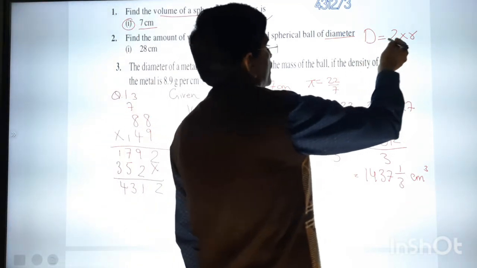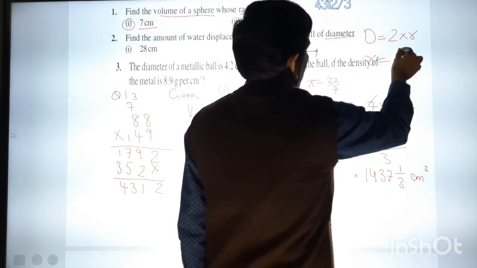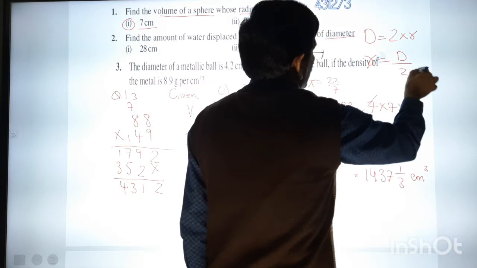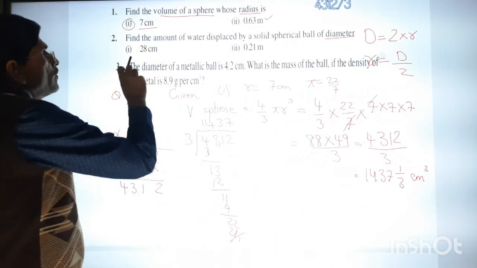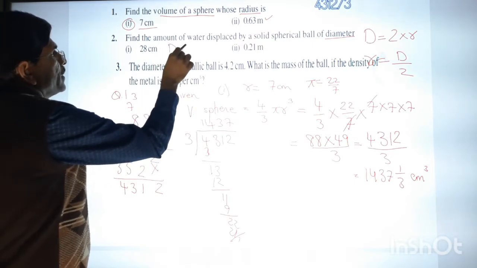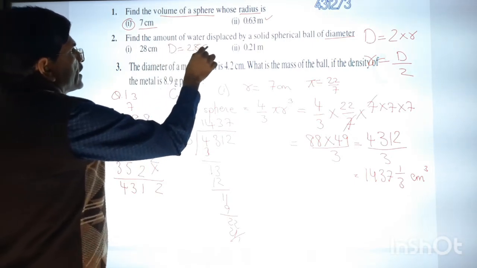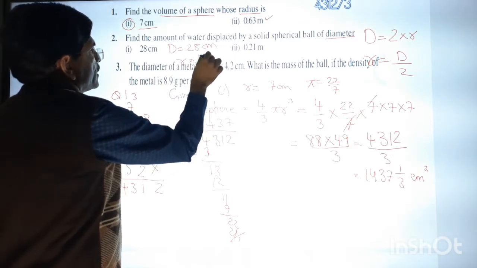If diameter is equal to 2 into radius, then radius is equal to diameter divided by 2. Here d is given as 28 centimeter, so radius is equal to 14 centimeter.